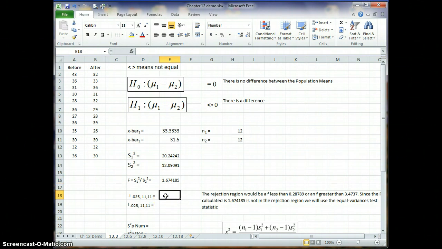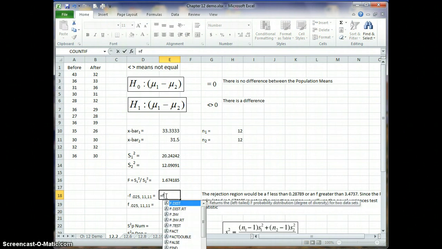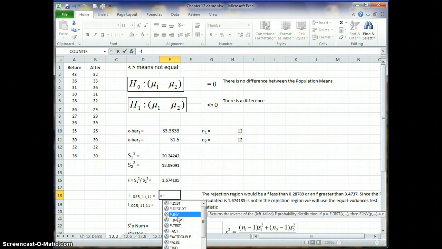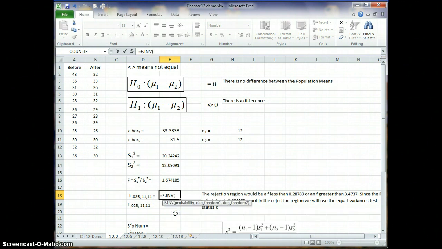So let's go ahead and calculate this. Equals F, and it's this F.INV, which returns the inverse. So I'm just going to double click here, and then it tells me put in the probability, which is the 0.025, put the comma to separate the different parameters, the degrees of freedom. The first one is going to be that N1, 12 minus 1.